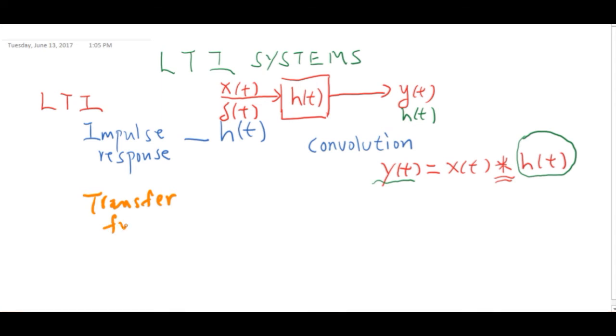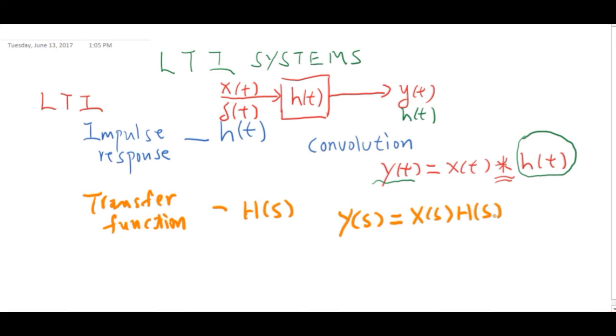The transfer function is written as H of s, where s means the Laplace domain. The good thing is that the output Y of s is equal to X of s times the transfer function H of s.